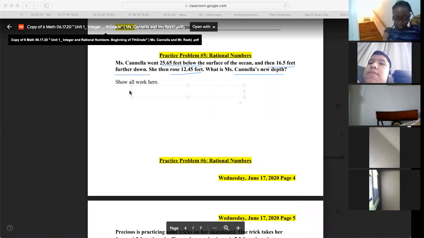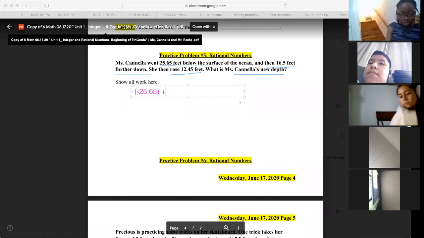If you go 25.65 feet below, is that positive or negative? Negative. Okay, let's write this down: negative 25.65. We're going to put this in parentheses on our paper. All right, Hector, keep going. Then you go 16.5 feet farther down. Is that positive or negative? Negative. Okay, we're going to add it on, because we're still going down.